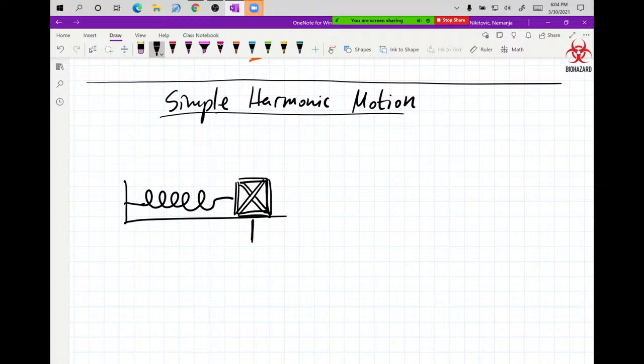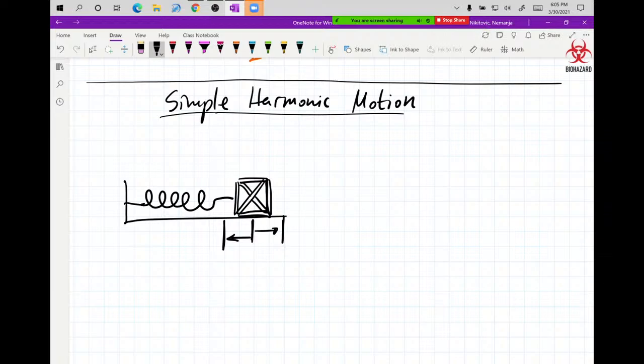One option is that the object will eventually slow down and stop because of the friction and air resistance and gravity and all that stuff. Or you will have that object oscillate forever in the same way because there's nothing to slow it down. It goes left and right, left and right.